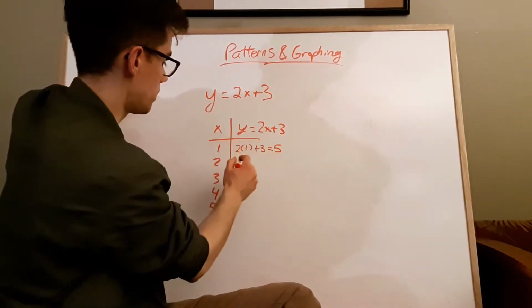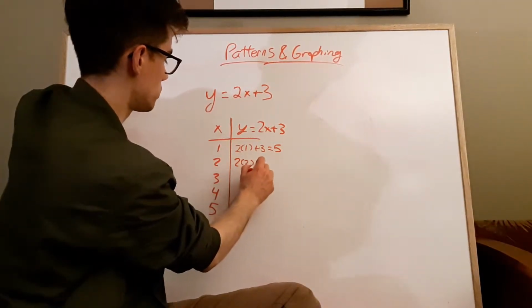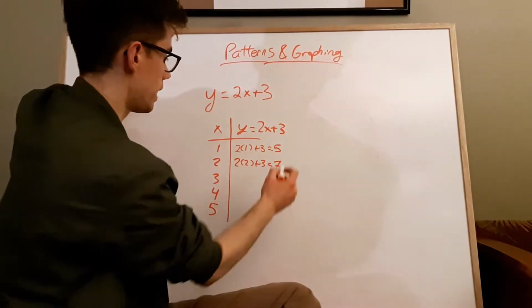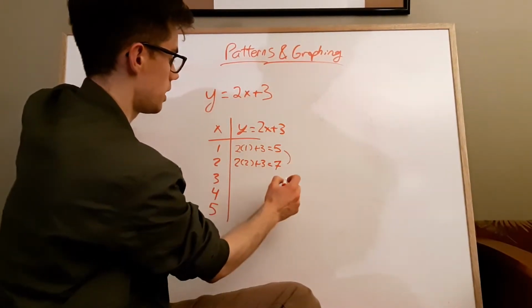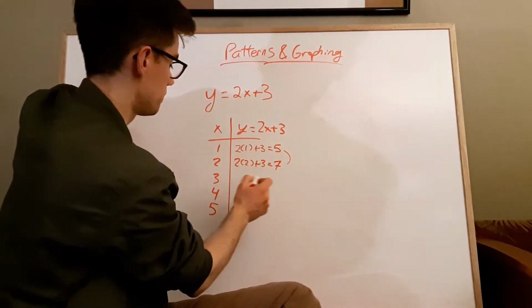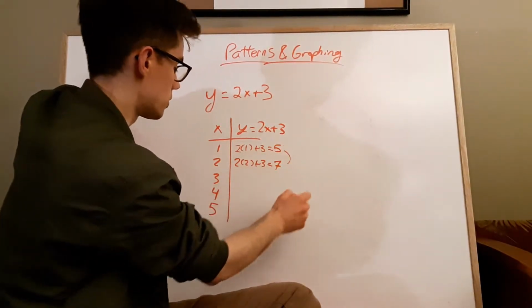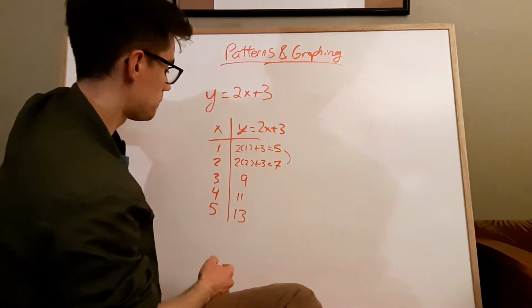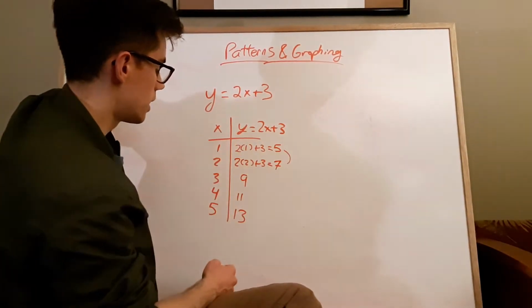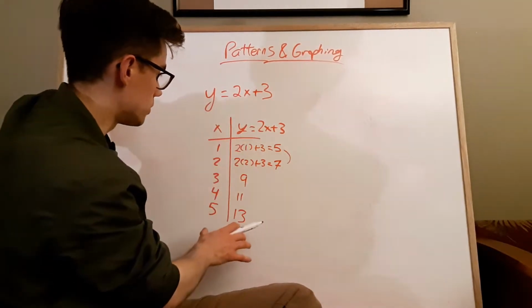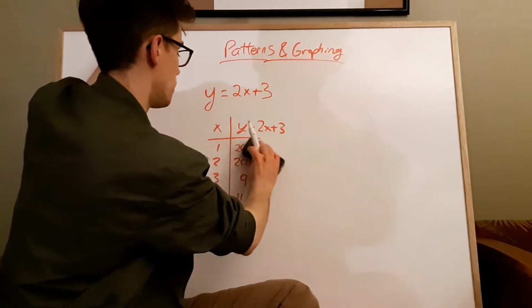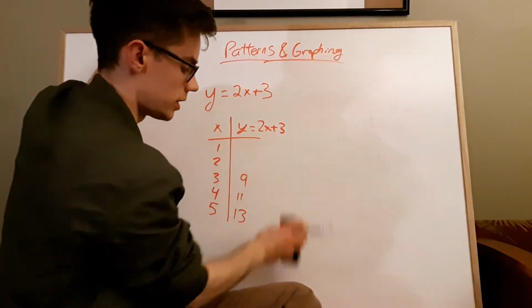Substituting 2 would give me 2 times 2 plus 3, which is 4 plus 3, which is 7. And now I see these are going up by 2 each time. So the next ones are going to be 9, 11, and 13. That's my table of values, and that's my equation for this relationship.